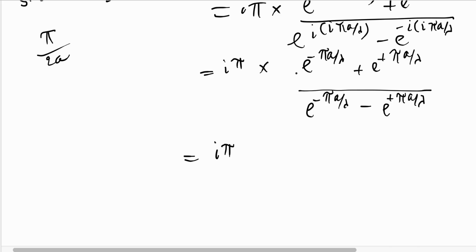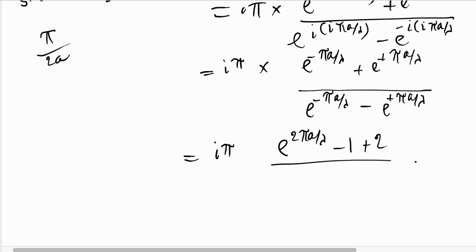If we multiply the upper side with e to the power pi a by lambda, and the downside also, you will be left with e to the power 2 pi a by lambda minus 1 plus 2, and e to the power 2 pi a by lambda plus 1.